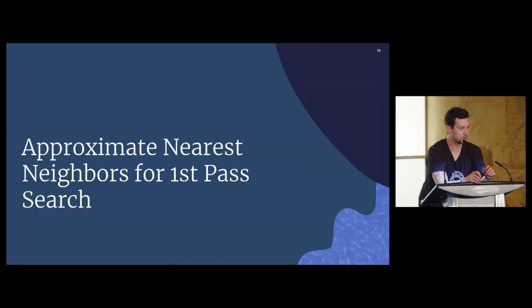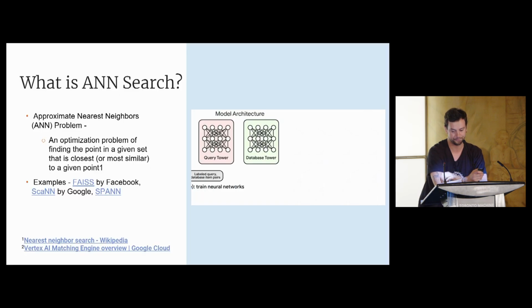I want to get a little bit more specific, though, and not be purely vague, and talk about approximate nearest neighbors for our first pass search. If you remember earlier, that was that initial fetch of listing candidates that needs to be very low latency and needs to fetch from basically all possible listings at Etsy. So we're talking a huge scale, and that's why we use approximate nearest neighbors here.